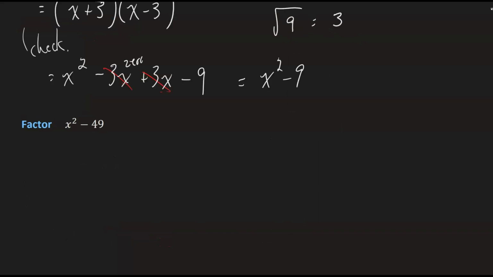I'm going to let you follow the same pattern and try the next one. Factor x squared minus 49. First, you want to make sure that it does indeed fit the pattern of difference of squares, a difference of two values that are squares, and it does.